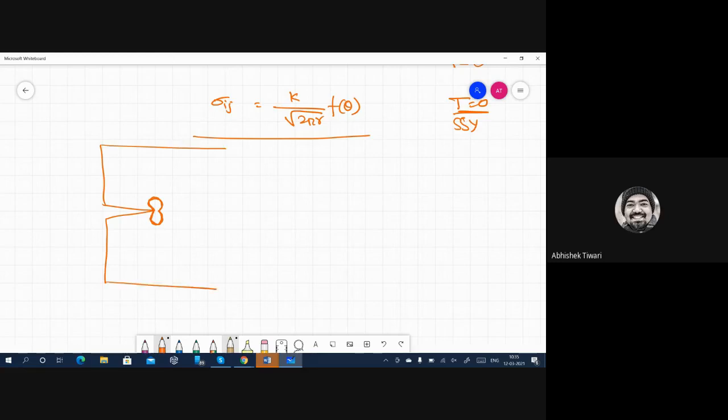I need to model the whole thing and I need to find out how much is the stress and strain at the crack tip, and I want to know more details about it and a lot of complications.